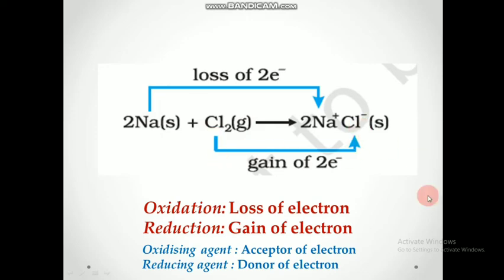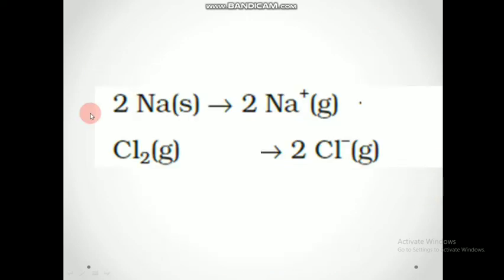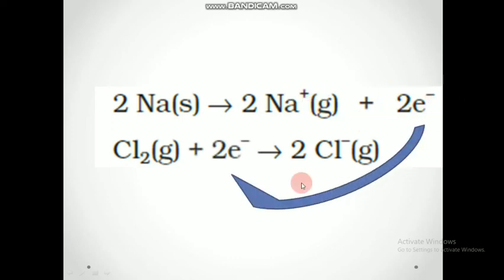So let's see how it can be. So this is the half reaction. So 2 sodium becomes 2 Na plus. There are 2 sodiums which are becoming Na plus. So what is the change here? It is giving out 2 electrons. So in the reactant part, sodium is staying in the native form, and in the product part it is getting a positive charge by giving out 2 electrons, and these electrons are accepted by chlorine to form Cl minus.